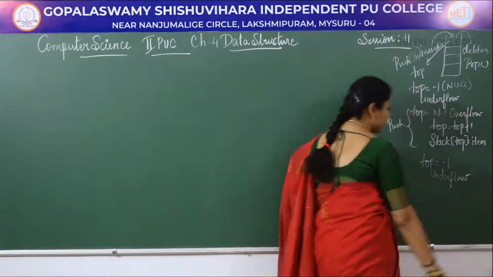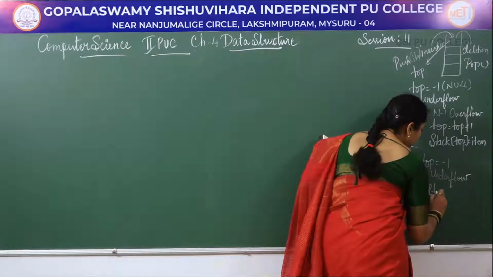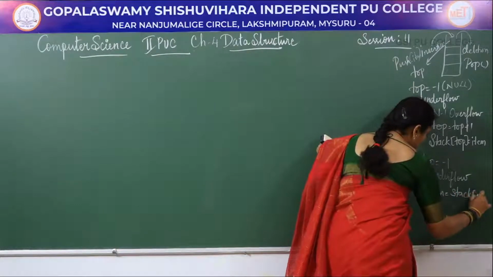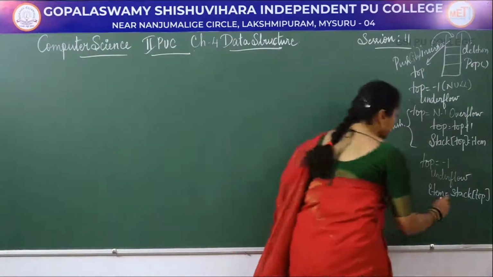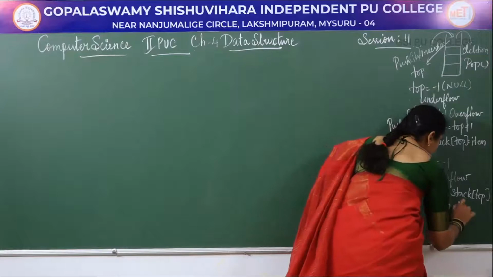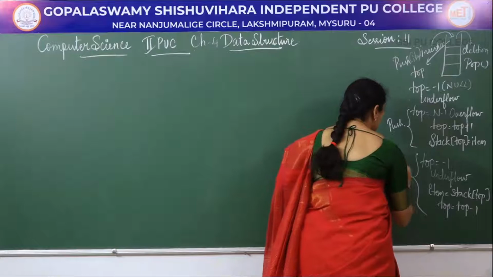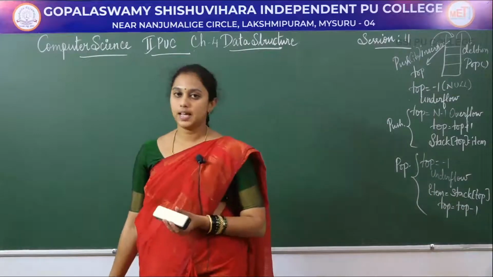If this condition is false, we can remove the top item of the stack. After removing an item from the stack, the top gets decremented: top is equal to top minus 1. So this is about the pop operation of stack.